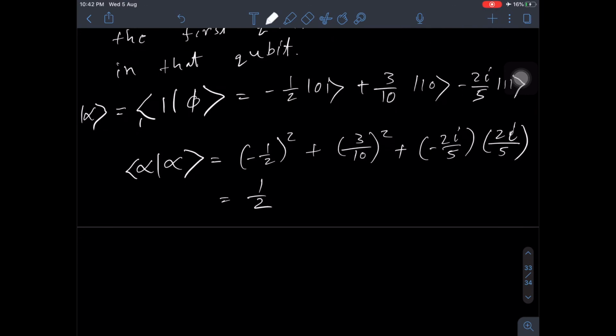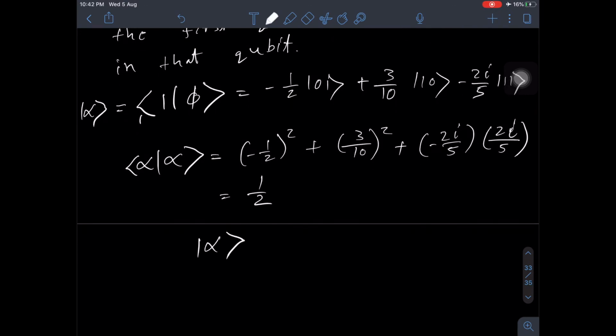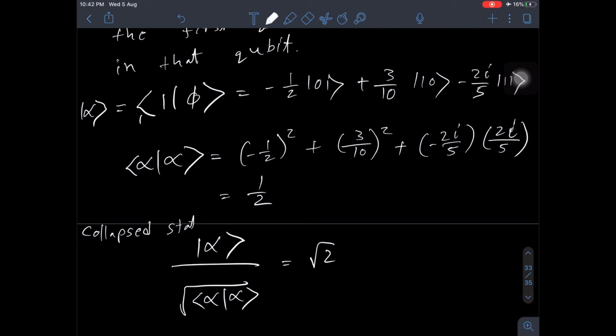So what do I have to do? My collapsed state will be alpha divided by the square root of alpha dot alpha, as I was mentioning in the last video. So it should be the square root of 2 times alpha. My collapsed state will be 1 in the first qubit, tensor product with this.